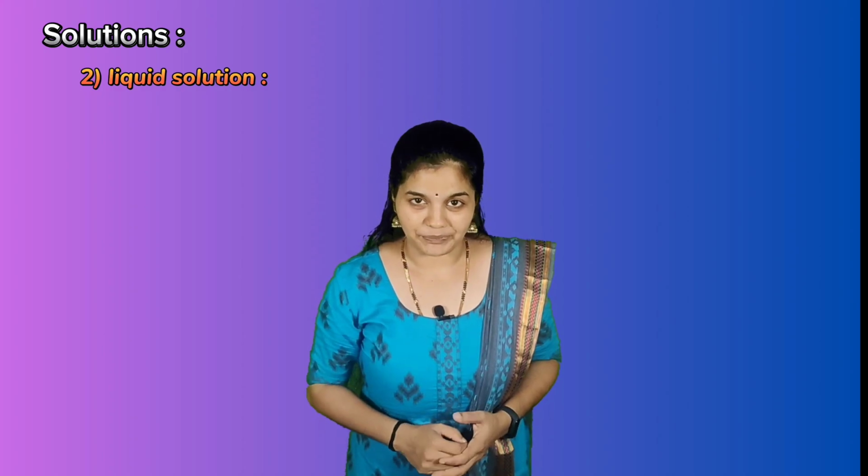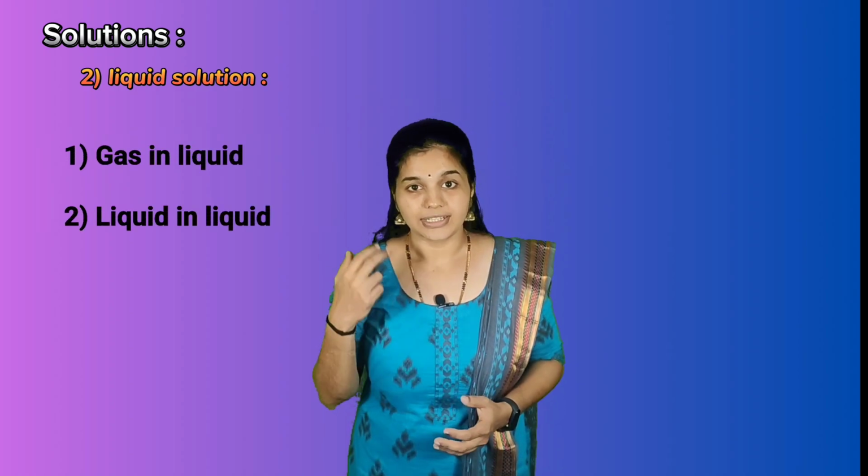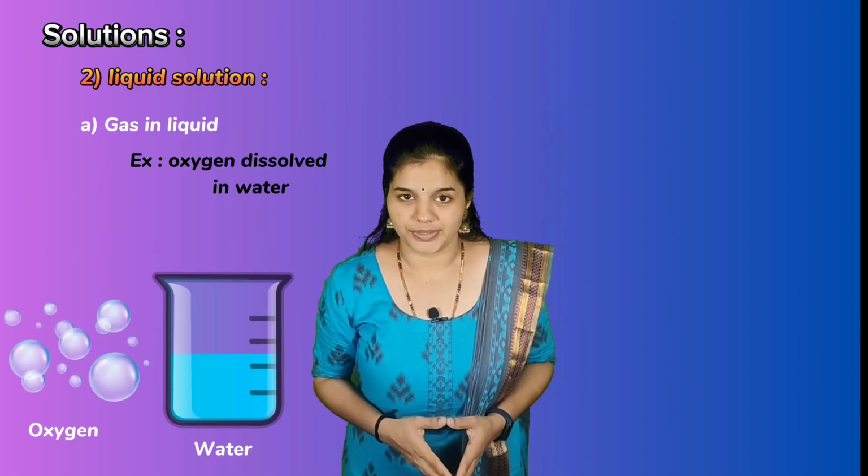Liquid solutions. What are they? Correct. When the solvent is liquid, we call such a solution a liquid solution. Based on the physical state of solute, we have three types here also. They are gas in liquid, liquid in liquid, solid in liquid. Gas in liquid. Example is oxygen dissolved in water.